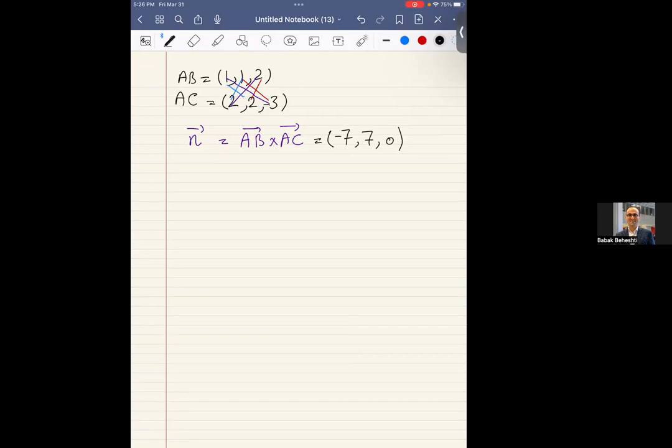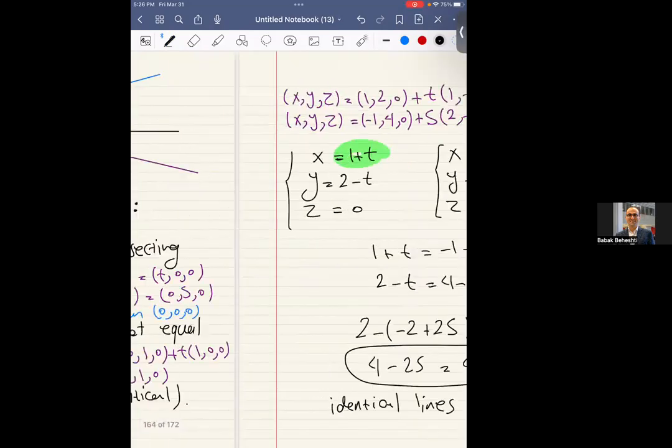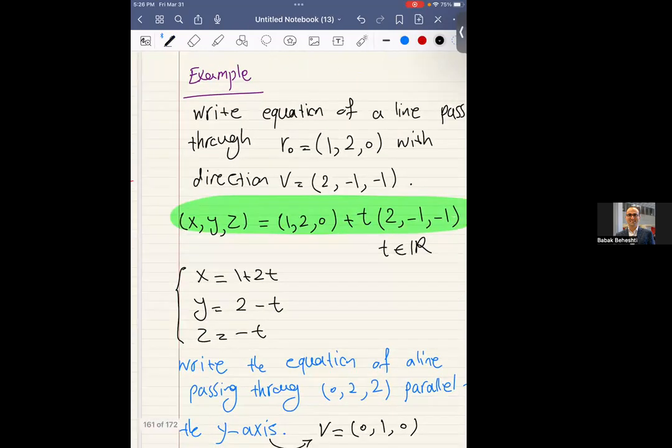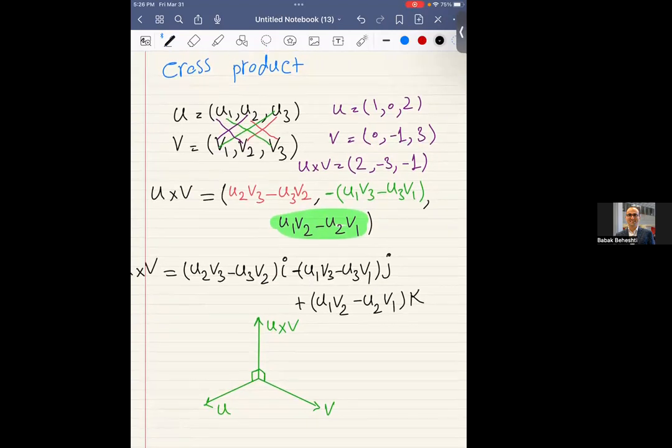So if you want the original formula for the cross product, I can show you. So here is the formula for the cross product. If you have U1, U2, U3, V1, V2, V3, the cross product of U and V is a vector whose first component is U2 V3 minus U3 V2.